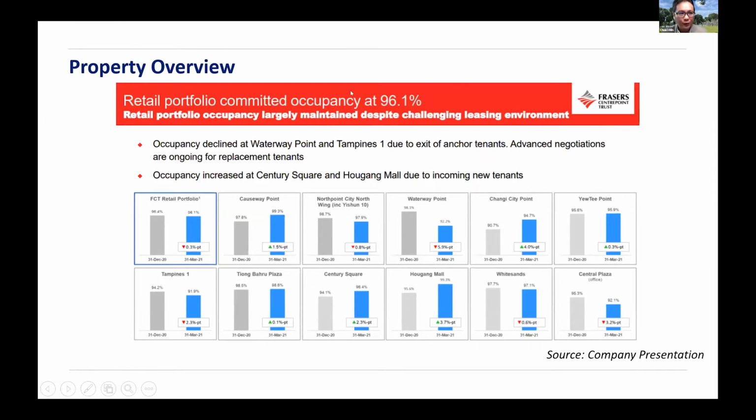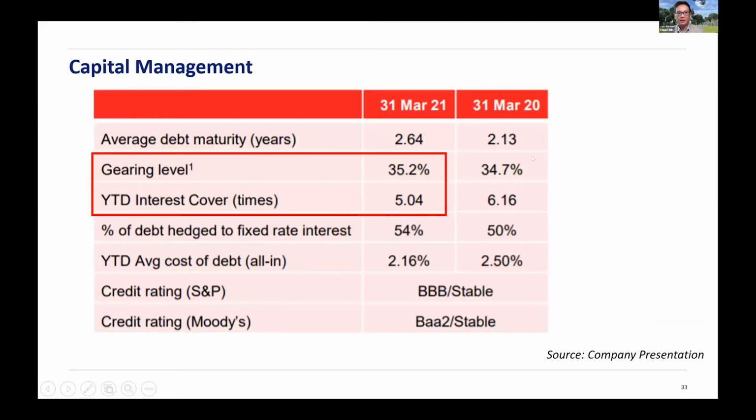If you come to the mall right now, it's not like you see a lot of empty slots. No, that's not happening. The occupancy actually remains high. Same thing, you have very healthy financial numbers: gearing level below 40%, interest cover more than 3 times, way above 3 times. So very healthy. You don't see problems with the bank.